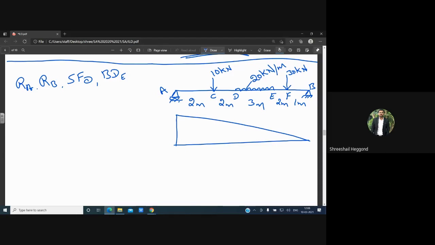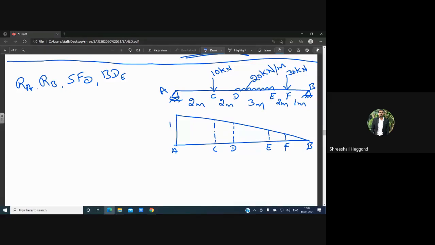This will be the ILD for reaction at A point, with points A, B, and E marked.